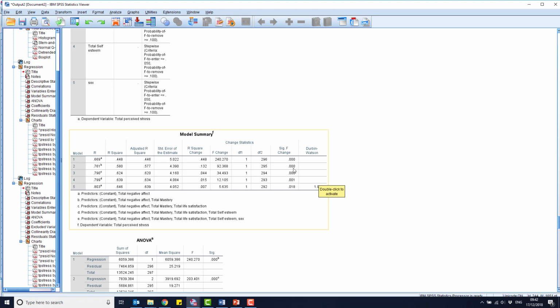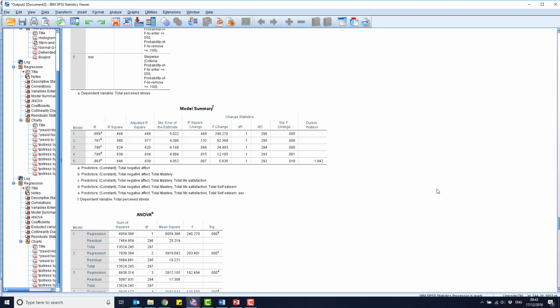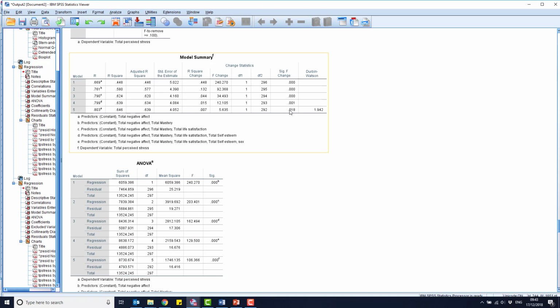If the value is 0.05 or less, then it is statistically significant. And we can see incrementally that every time we've added those predictors in, it has been statistically significant. So it is explaining significantly more variance in addition to what we could explain before. So we've got a final model that is a statistically significant increase in the amount of variance accounted for.